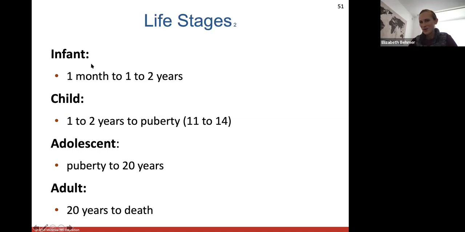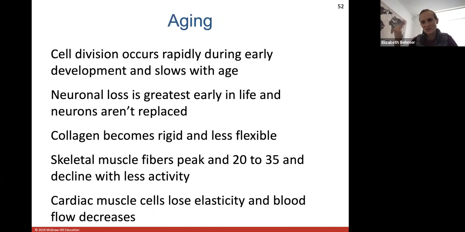Infant is kind of another word for neonate. Child is what we specifically would call 1 to 2 years to puberty. Adolescent is puberty to 20 years, and then an adult is 20 years to death. So that is how we divide out the life stages.